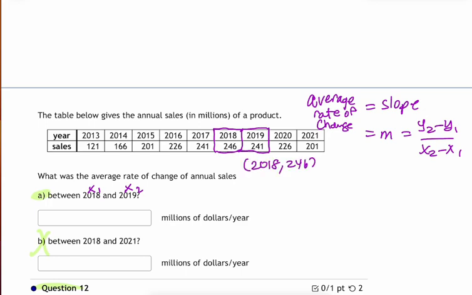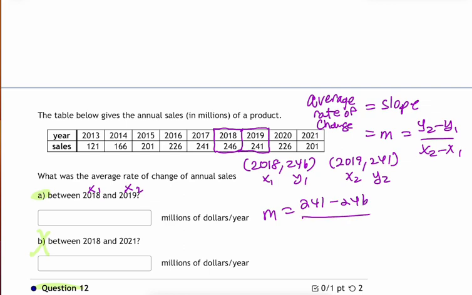2018, 246, we'll call that x1, y1. And 2019, 241, we'll call that x2, y2. And it's just slope like any other slope that we've ever done. So it's going to be y2 minus y1 over x2 minus x1.